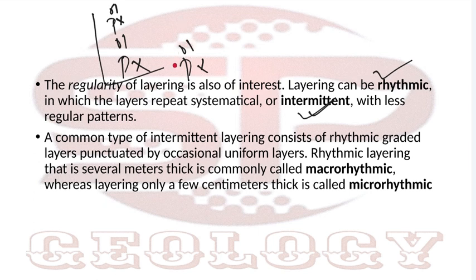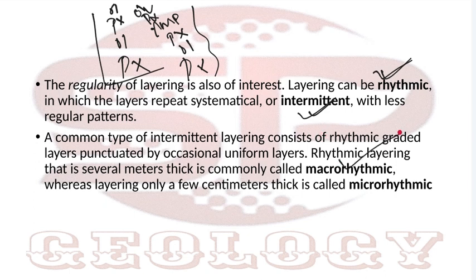I am just showing an example; it does not happen exactly like this. There is a group of minerals occurring in one layer. So pyroxene, olivine, then pyroxene came there, but olivine did not come, amphibole came. Again pyroxene, olivine. This is intermittent layering. So rhythmic layering is cyclic, a repetition of layering, but intermittent is irregular in nature.